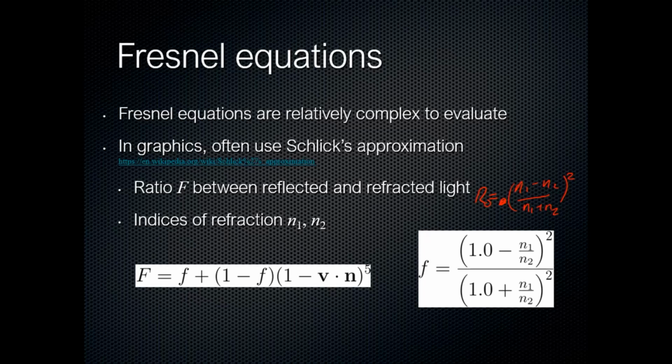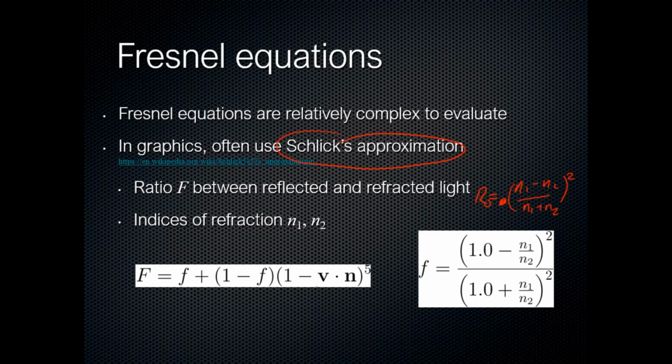And I invite you to see if these derive the same formula, but either way, these are approximations to the complete Fresnel equations. Schlick's approximations, these are the variations in it. So it gives a good enough result. You compute this based on the indices of refraction, and then we will punch them into this equation.